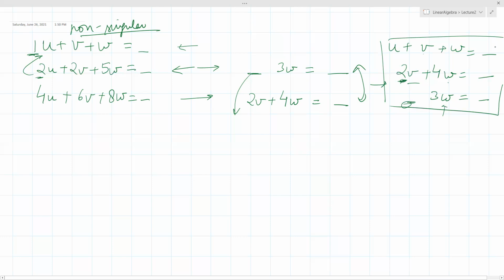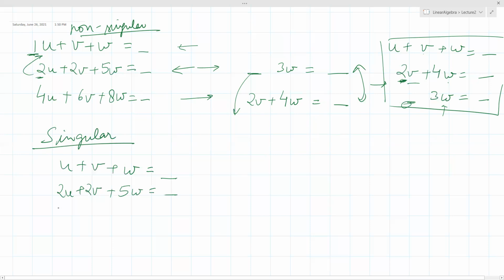Now, let us look at an example of a singular situation. What does it look like? You have u plus v plus w is equal to something, and then 2u plus 2v plus 5w is equal to something, and then 4u plus 4v plus 8w is equal to something.